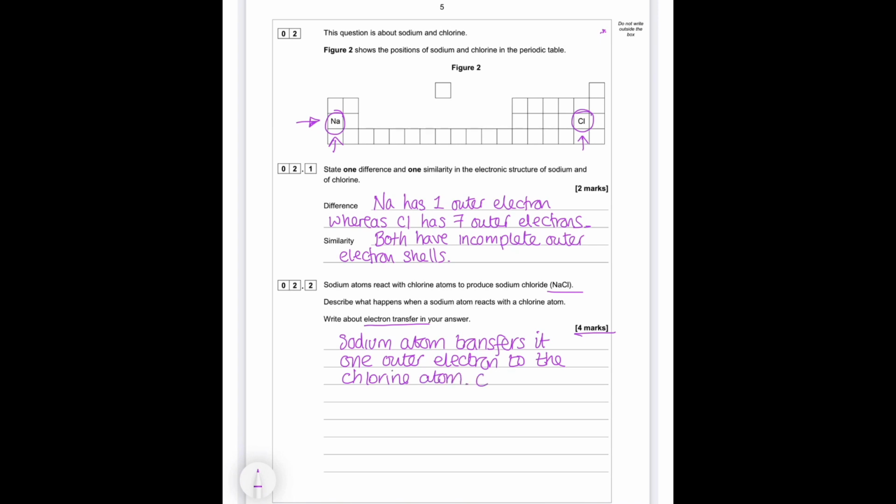And this means that the chlorine atom gains one outer electron to have a full outer shell. So you get a mark for saying the sodium atom transfers its one outer electron to the chlorine atom, which gains one outer electron to have a full outer shell.